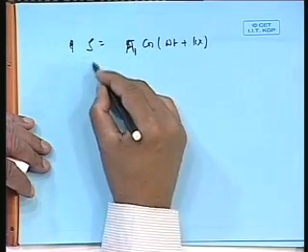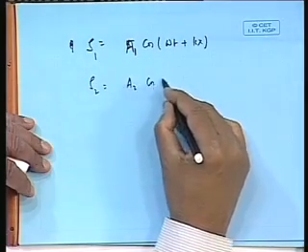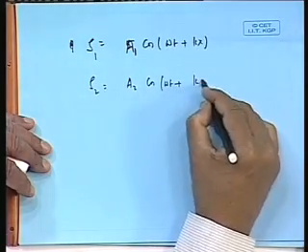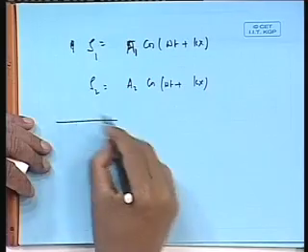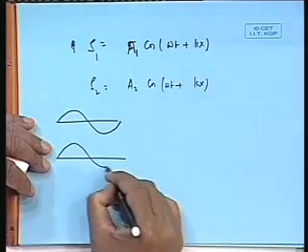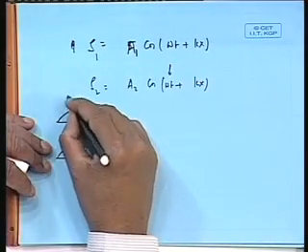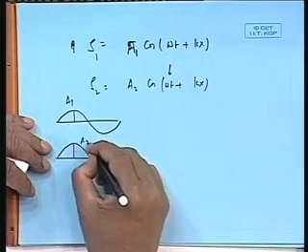Now, take another one, xi2, as a2 cos(omega t plus kx), same frequency. That means I have a wave here like this, another wave here also like this. This is my a1, this is my a2.